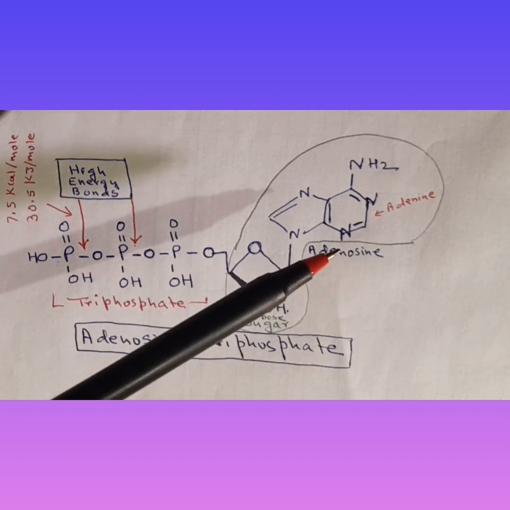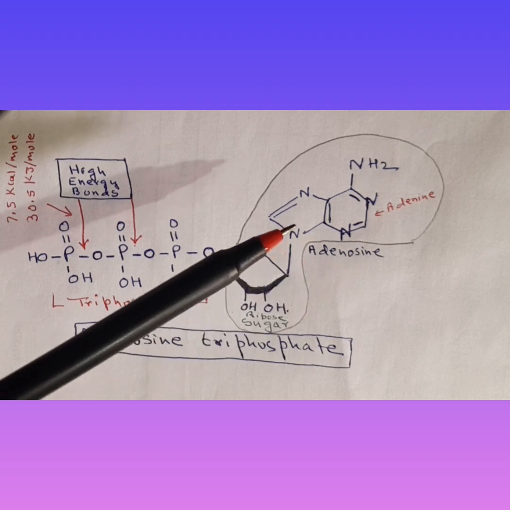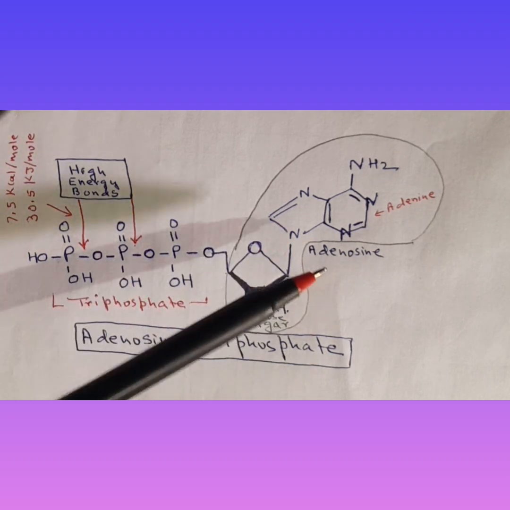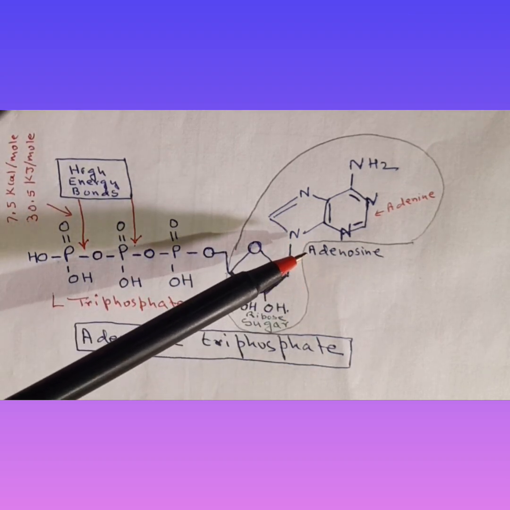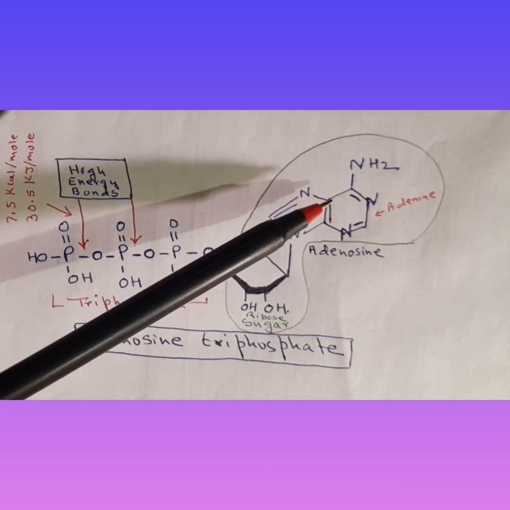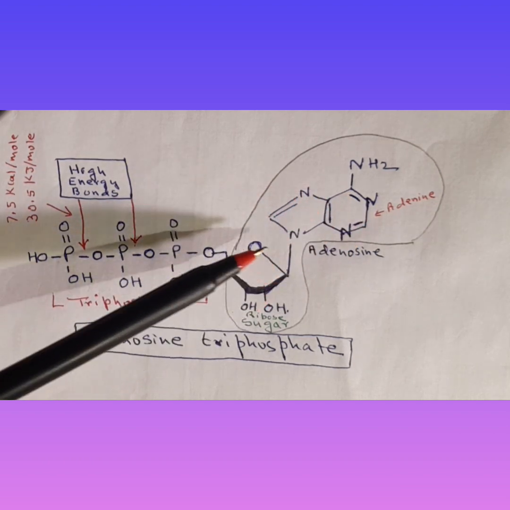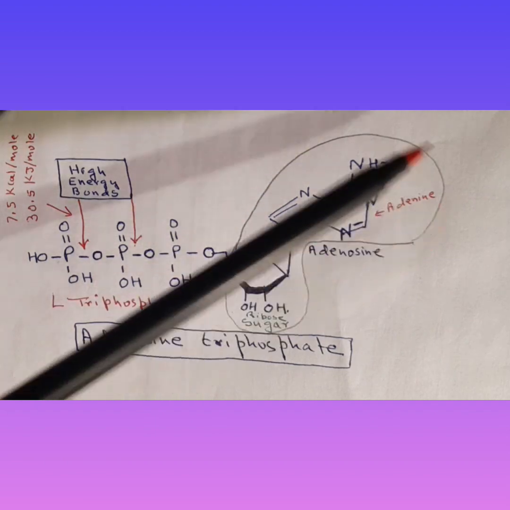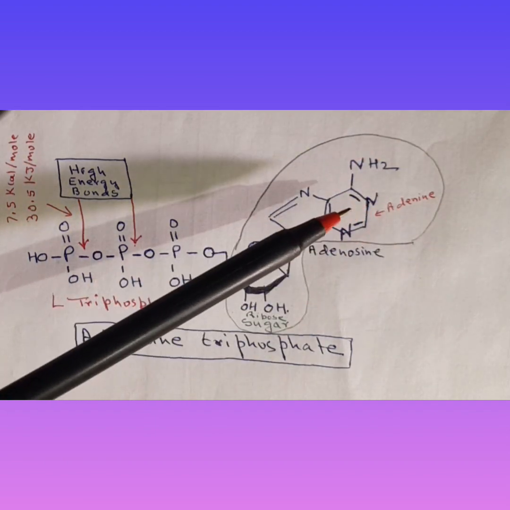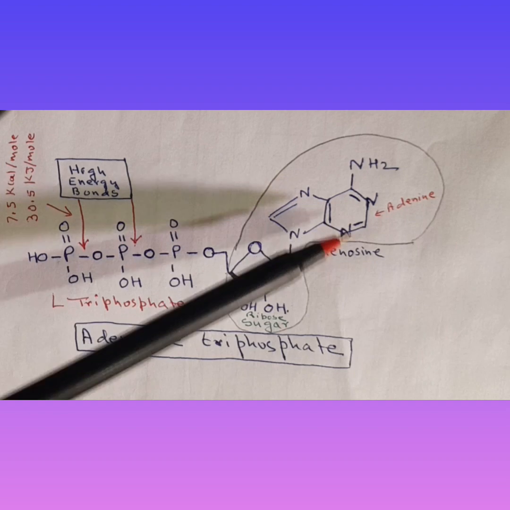All right, so that's why we call it adenosine triphosphate. Adenosine means when nitrogen base is attached to ribose sugar, it is called adenosine. Otherwise, this is known as adenine.